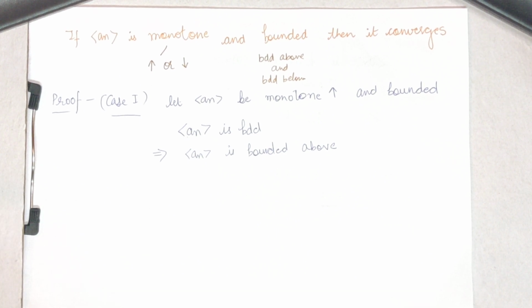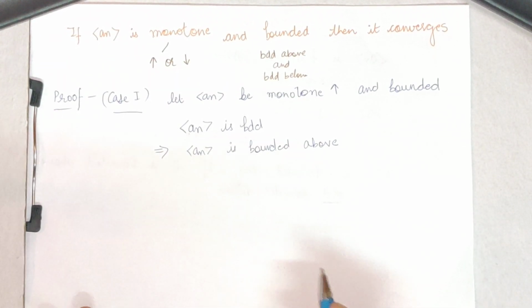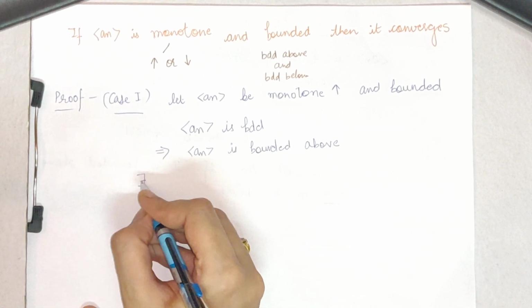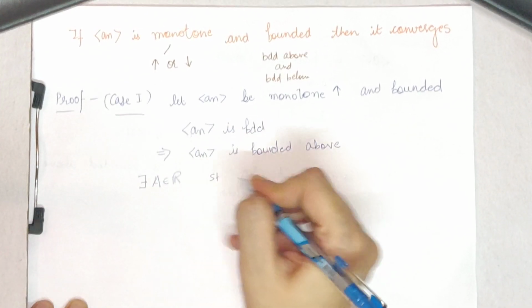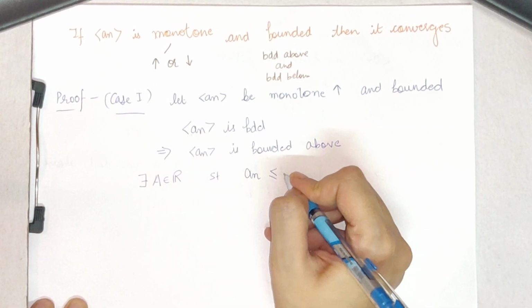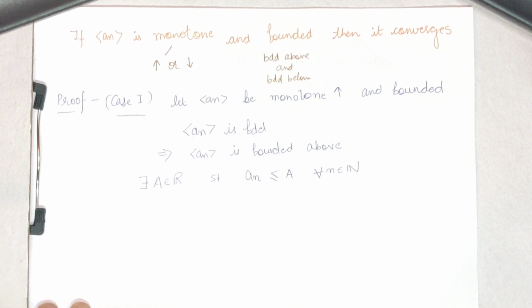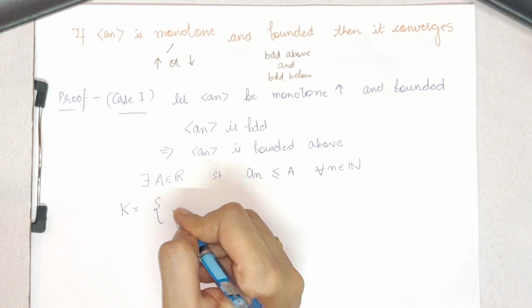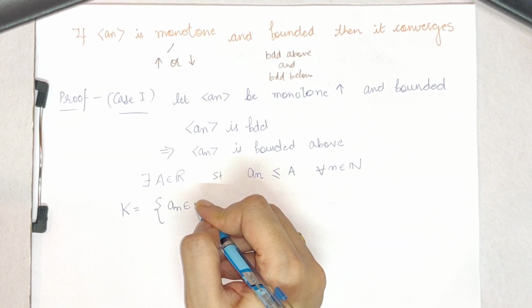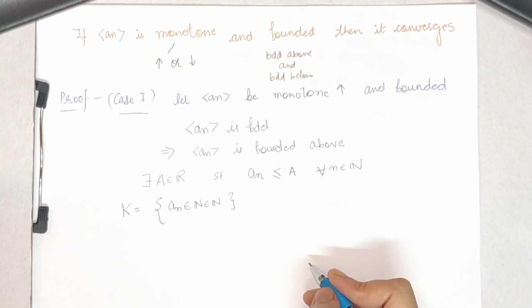What was the definition of bounded above? The definition was that there exists some real number A such that every member of this sequence is less than or equal to this A. So if I make a set of all the terms of the sequence, what is happening?